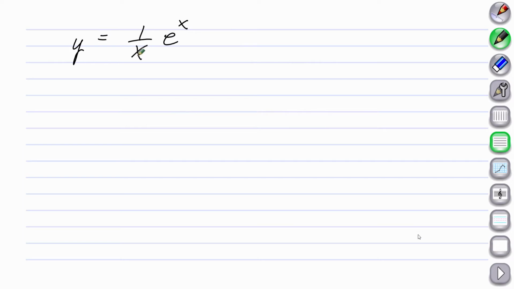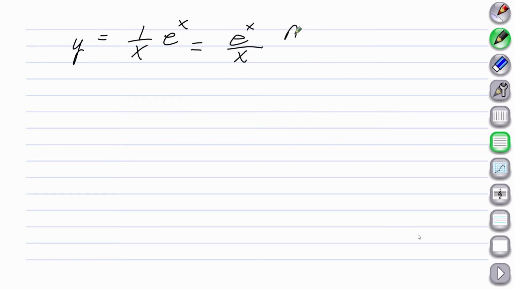This could be A and this could be B. You could bring this up to the top and say this is x to the -1 times e to the x. But if you do it that way, it's actually kind of difficult because you're working with these negative exponents and everything. So if you rewrite the problem this way, you're going to find it's much easier to do a BABS.